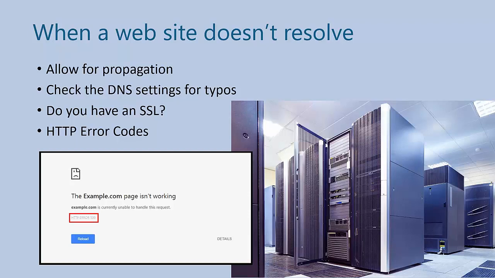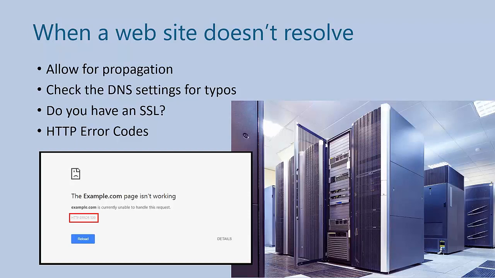So if there's no S within the HTTPS or HTTP, that means that no SSL is configured. And browsers now are displaying an error page essentially saying that the site isn't safe, and it gives you the option to continue forward or to close the window.